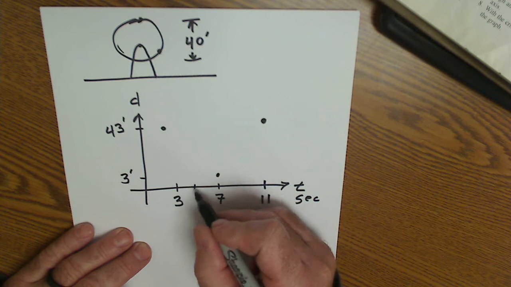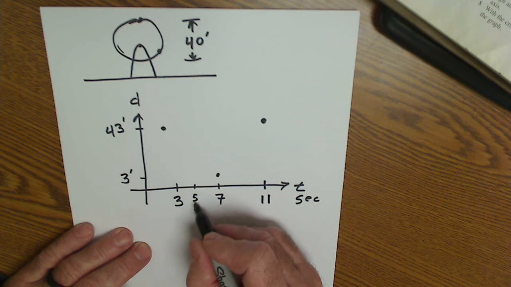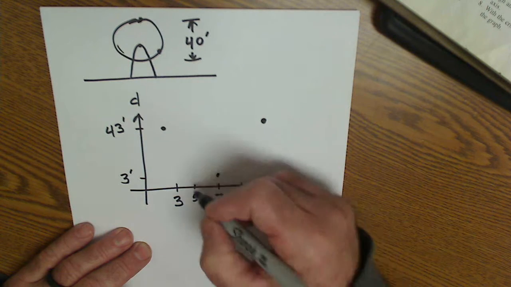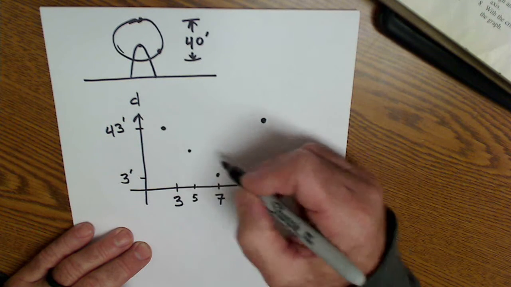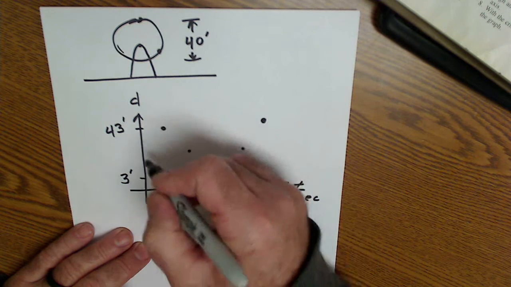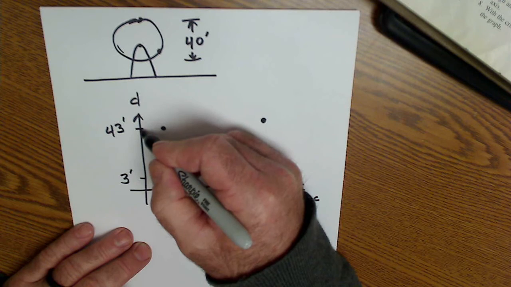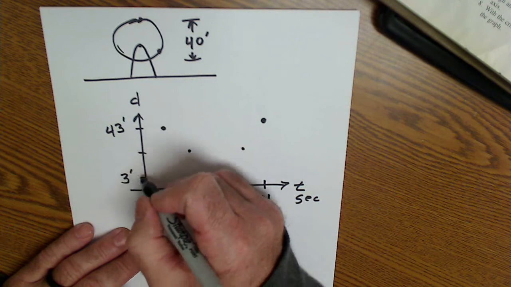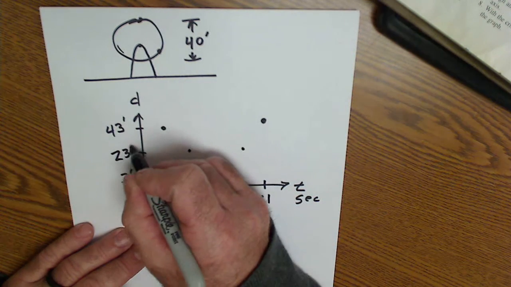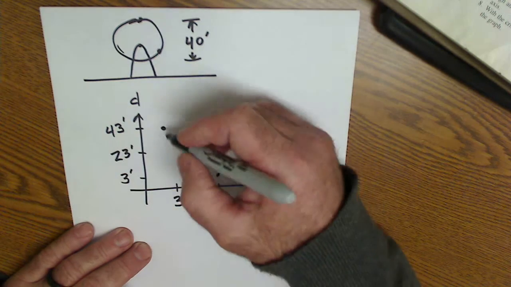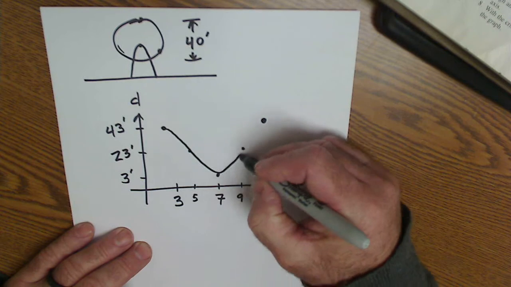My quarter point here will be at 5, plus 2 plus 2, plus 2, plus 2. So my quarter point is at 5 and at 9, and it's halfway between 3 and 43. That total distance is 40. Half of that is 20. So 3 plus 20, 23 plus 20. So now I have my graph.